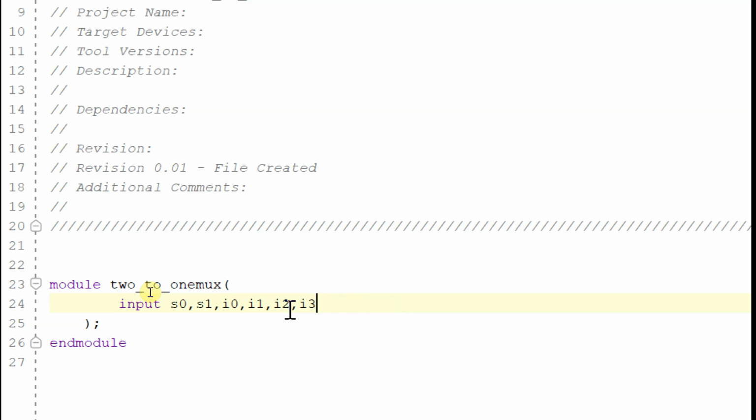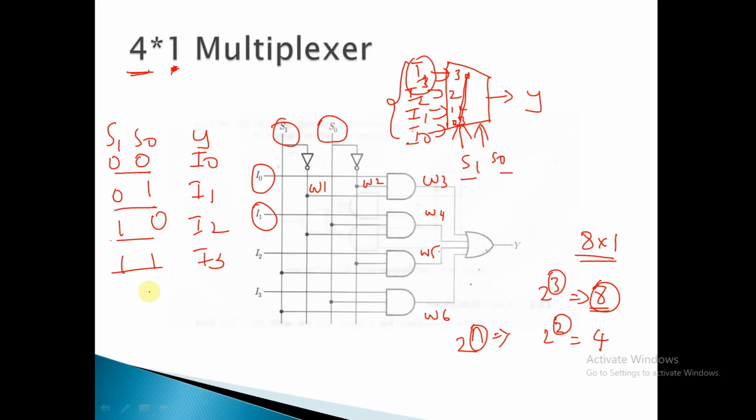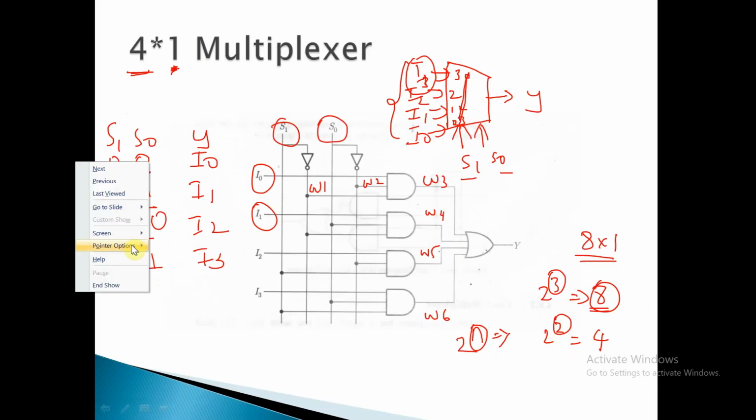I think we can use a vector. Yes, in that case vectors are useful. Instead of writing all the 32 names from I0 to I31, we can basically use a vector. So how can we declare a vector? Let me erase this.